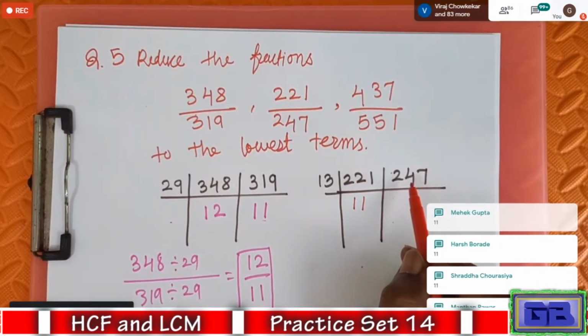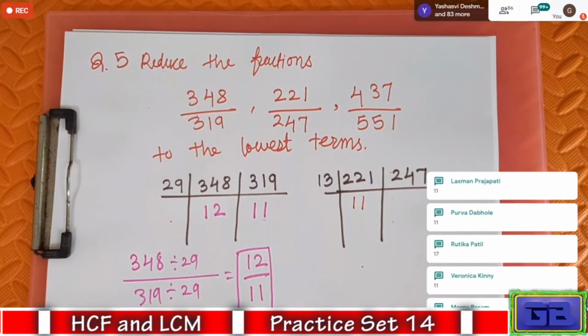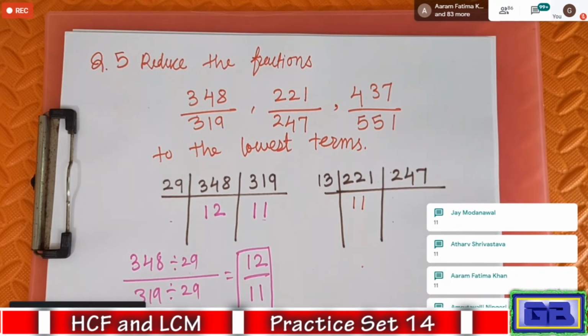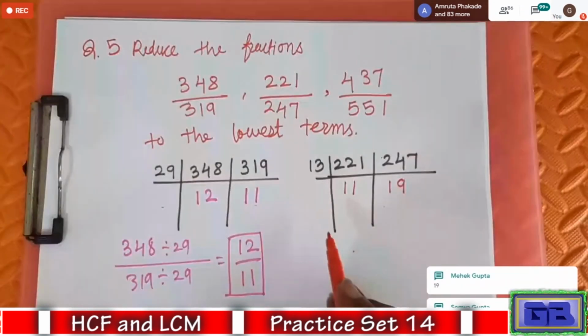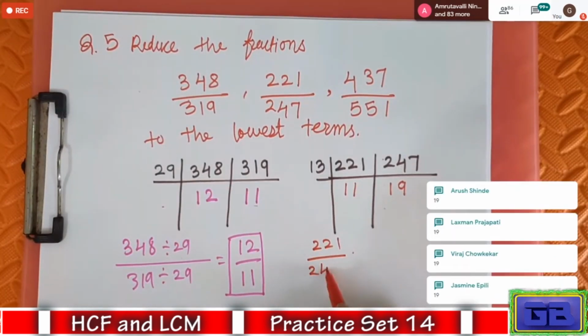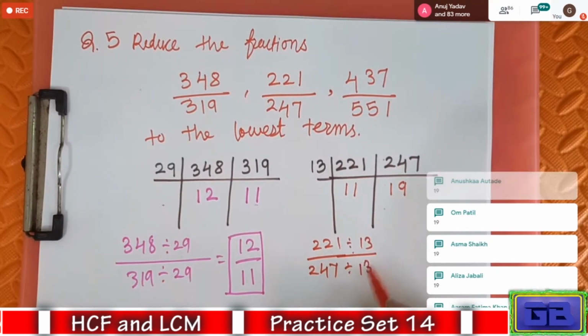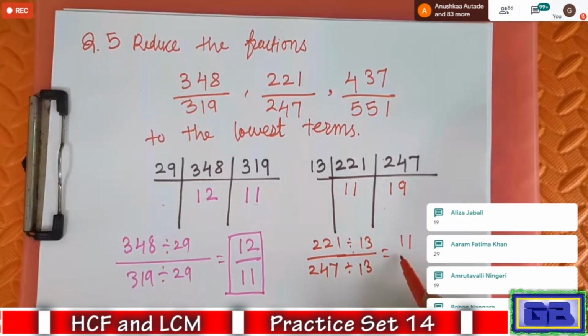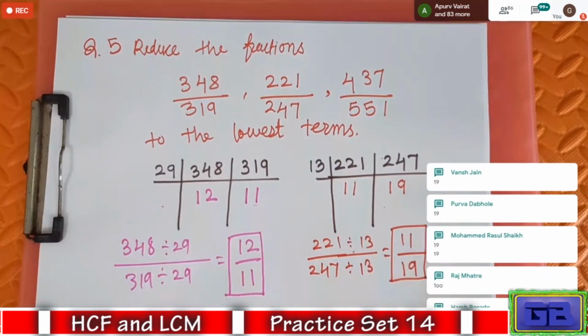And now take this number 247 and divide it by 13. Answer is 19. Similarly, take these numbers down. 221 upon 247. Divide these two numbers by 13. You will get lowest term 11 by 19.